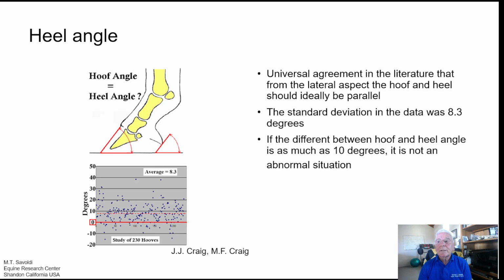It's universal agreement in the literature that from the lateral aspect the hoof and heel should ideally be parallel. That's what the literature says. The standard deviation in the data was 8.3 degrees. If the difference between hoof and heel angle is as much as 10 degrees, it is not an abnormal situation.